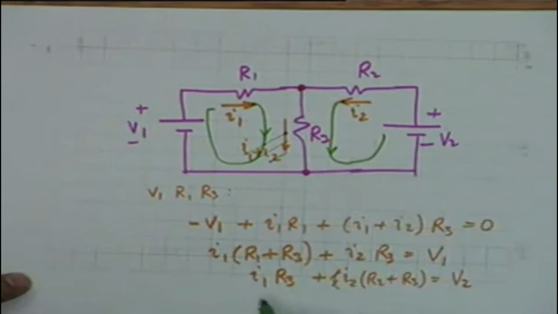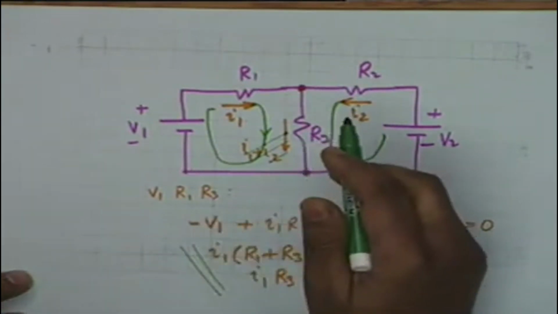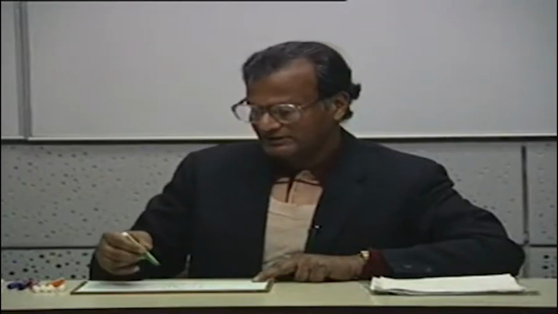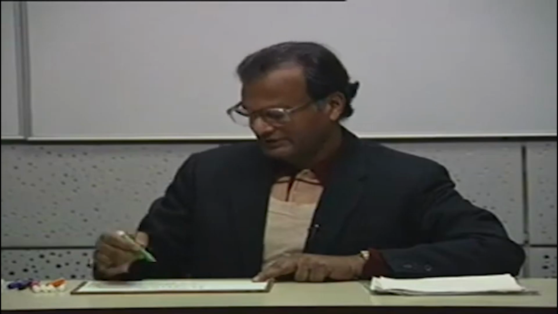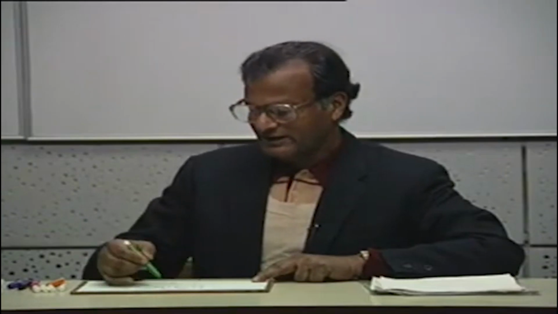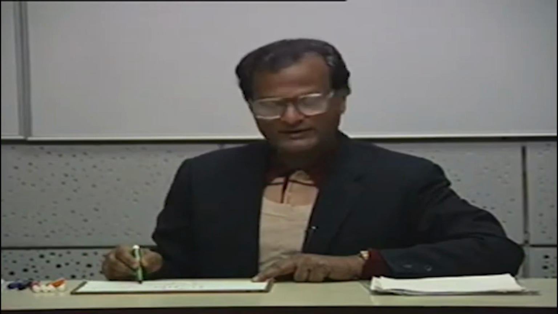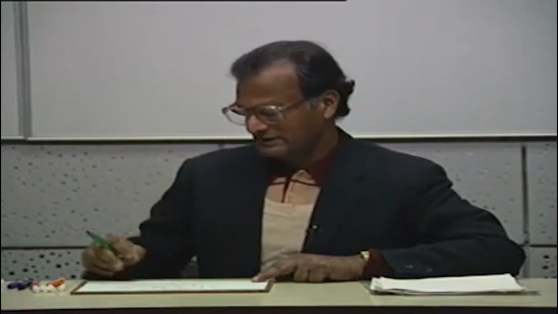Now you see that these equations are the same if we write on the loop basis. I1, for example, gets dropped in R1 and R3. So I1 times R1 plus R3. Then across R3 I2 also drops, so plus I2 R3, and this is equal to V1. So loop analysis and branch current formulation give exactly the same results.